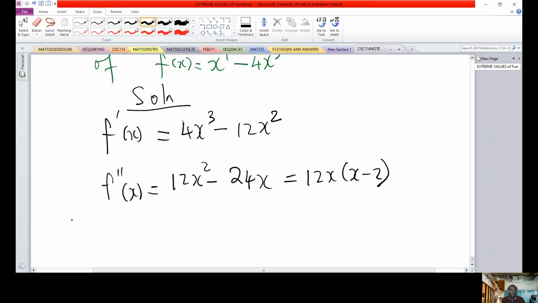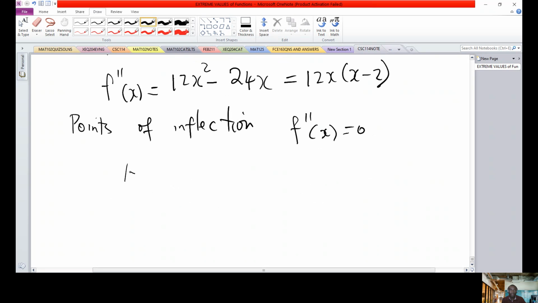Now, remember that to get points of inflection, we satisfy this equation: second derivative equals 0.